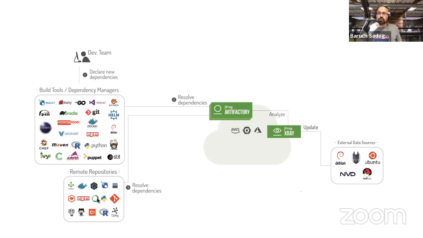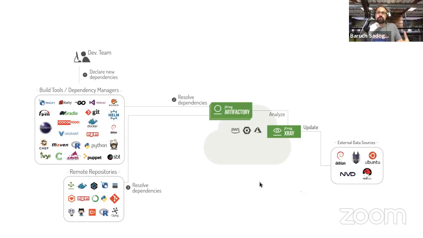It stores them in Artifactory, and once the artifacts get in, JFrog X-Ray kicks in, scanning those packages for security vulnerabilities and licenses using external data sources like the National Vulnerability Database and others.